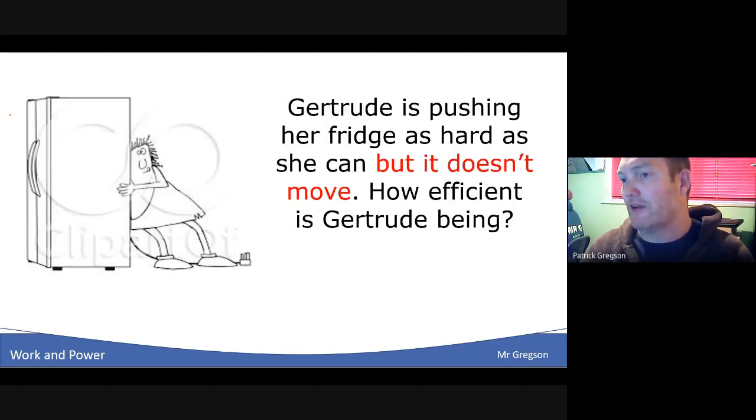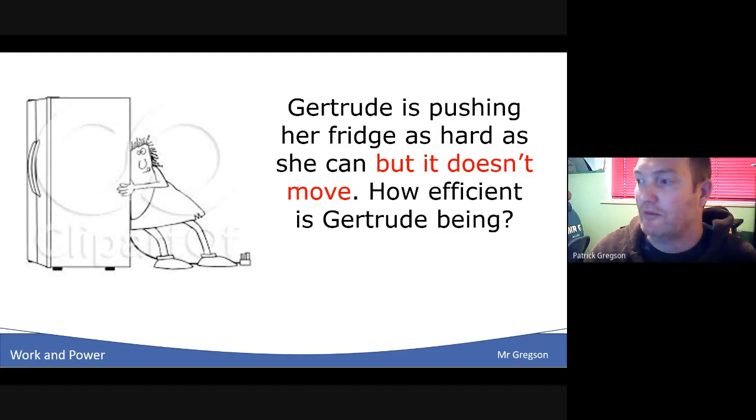Okay, so this was a GCSE question, except I changed it to Gertrude. And it's all about pushing her fridge as hard as she can, and it's a fairly common problem. How efficient is Gertrude being? Now, when they asked this question here, how efficient, everybody forgot about this part of the question. But it doesn't move.